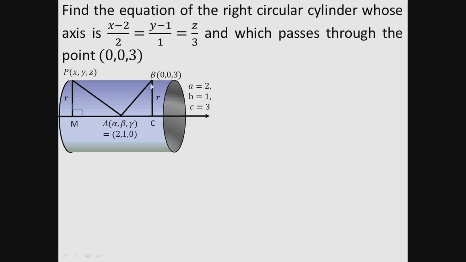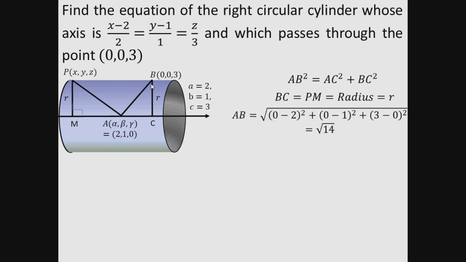Okay, so in that right angle triangle we get AB square equal to AC square plus BC square. Then BC is nothing but the radius, that is the same as PM. AB we get by using the distance formula, it is 0 minus 2 square, 0 minus 1 square plus 3 minus 0 square, that comes out to be root 14.